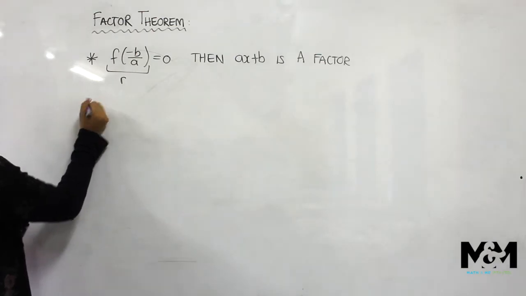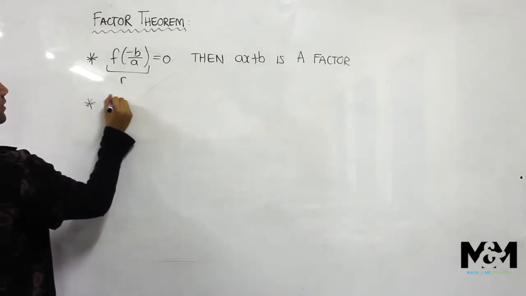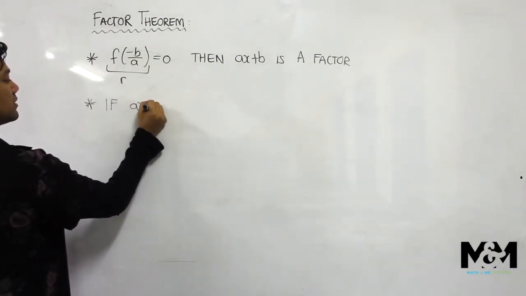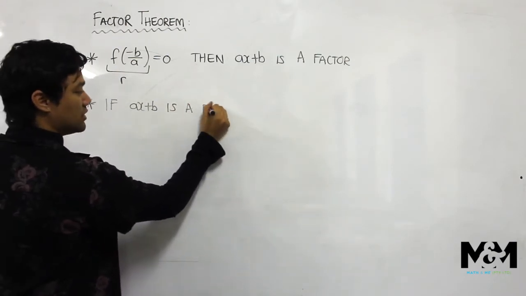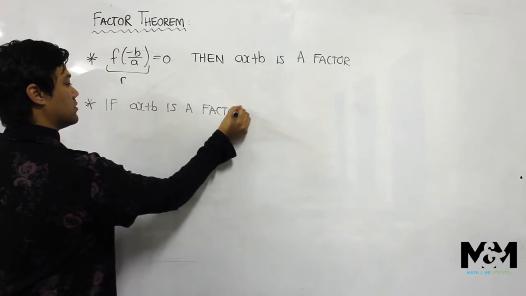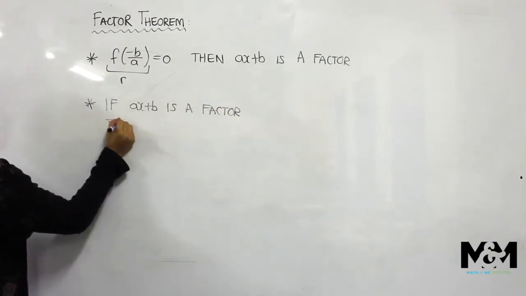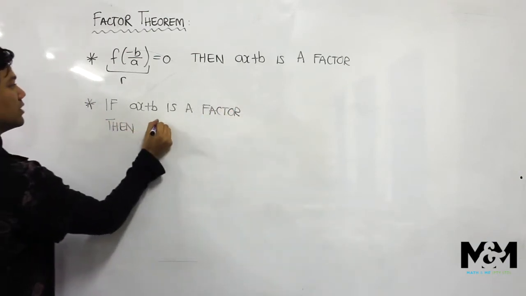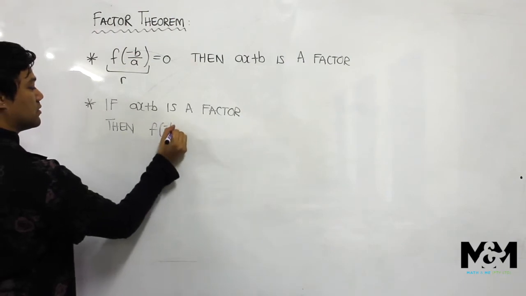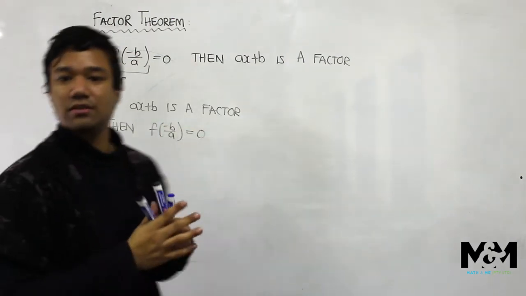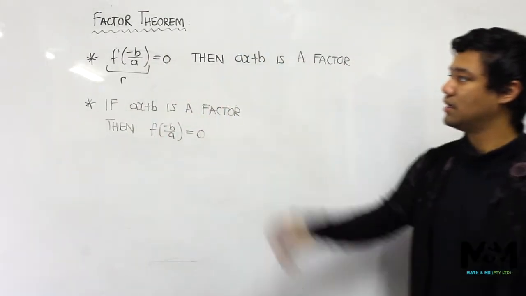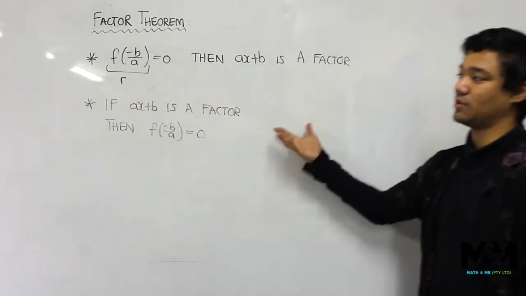And similarly, if ax plus b is a factor, they give us that knowledge, then we know the remainder will equal 0. Okay, right. So those are just two sort of different approaches on factor theorem, or at least two definitions that we need to know.